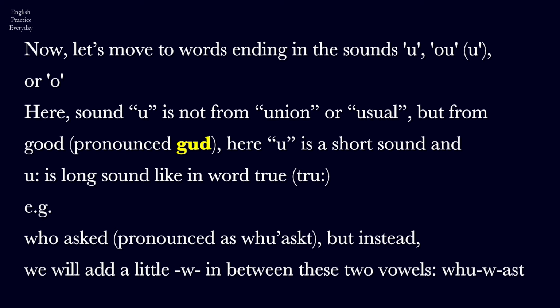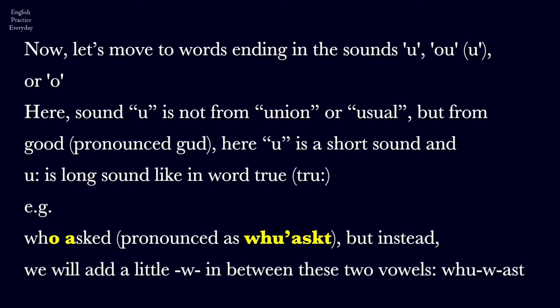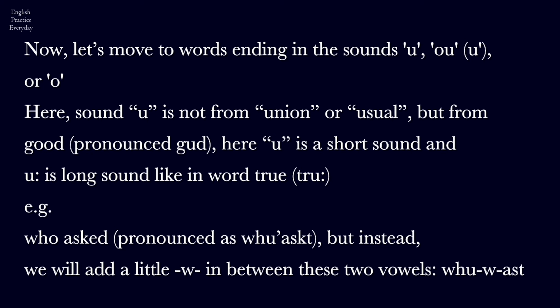Here U is a short sound and U colon is a long sound, like in the word true. For example, who asked, but instead we will add a little W in between these two vowels. Who asked.